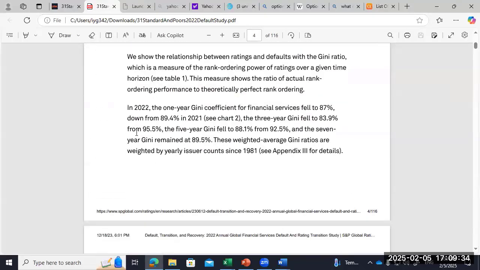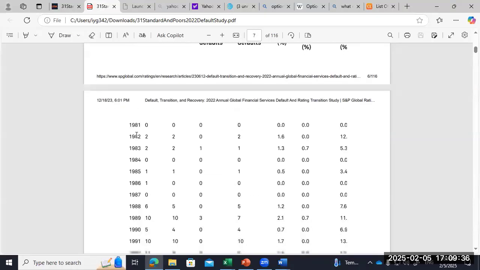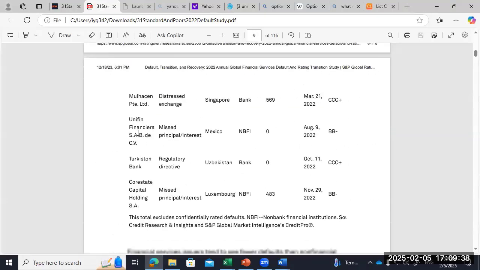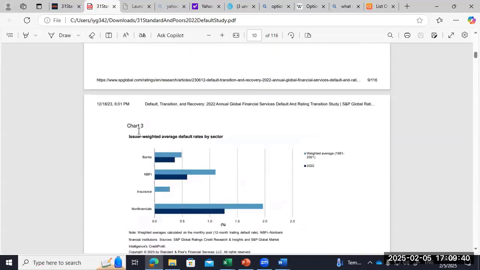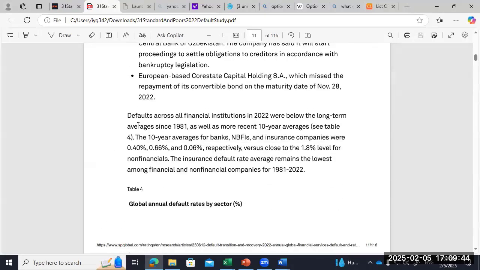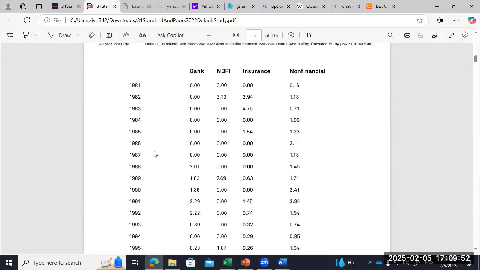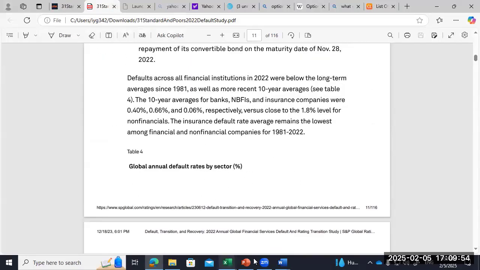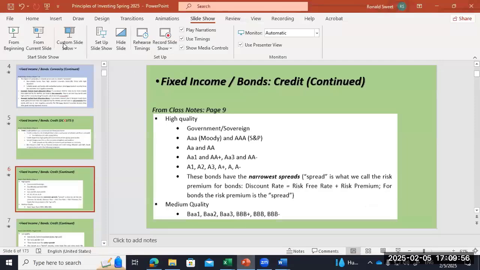Really good charts. Really informative. You can see some of the charts just going from pages, but really good information on where are the defaults, which countries, which type of sectors, which industries, what kind of bonds are defaulting. So a lot of really rich information. So I do have that out there for you, so you can definitely read that.